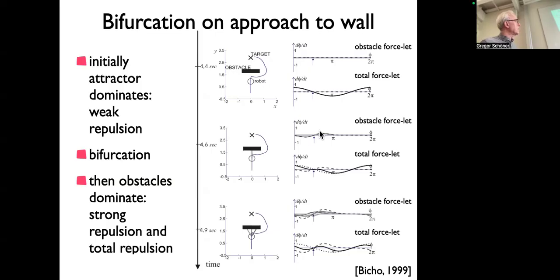As it approaches, it starts to sense something, and it has already a repeller here in the middle, I guess, right? Yeah, already has a repeller. But it's still overpowered by the attraction to the target because of the large distance, a small slope, right? Only as it gets closer does it actually have a strong repeller here.